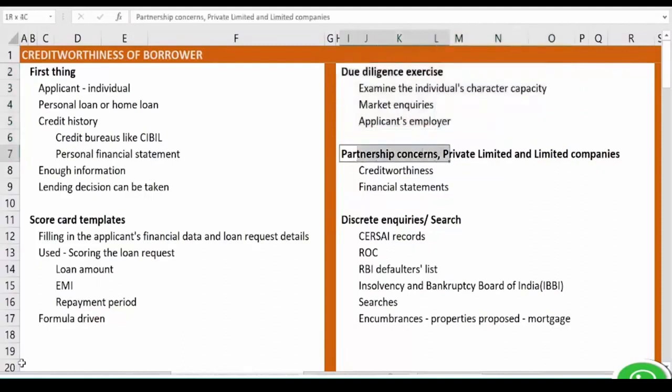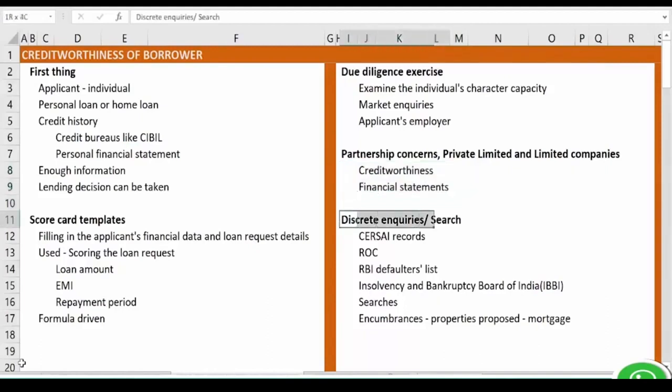In case of partnership concerns, private limited companies and all, banks can get a view of credit worthiness of the borrower by going through the financial statements, then credit reports. Okay, even for corporates we have credit reports now. Okay, so this is with regard to partnerships and companies.